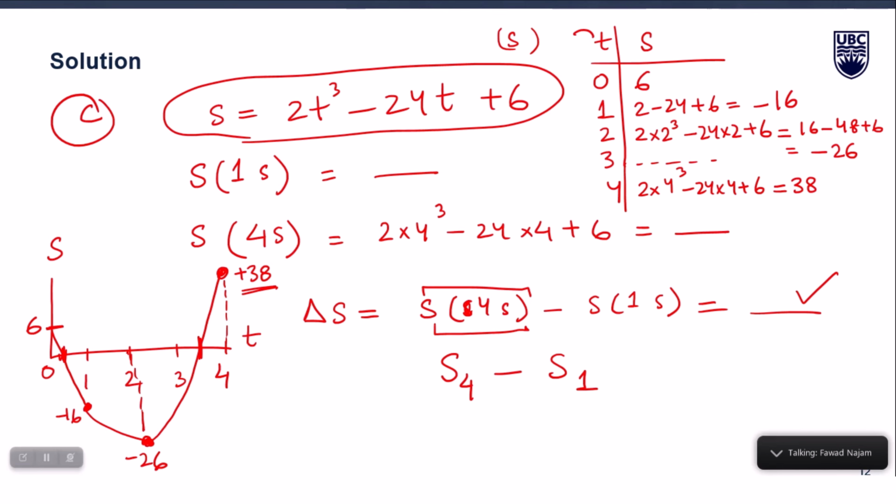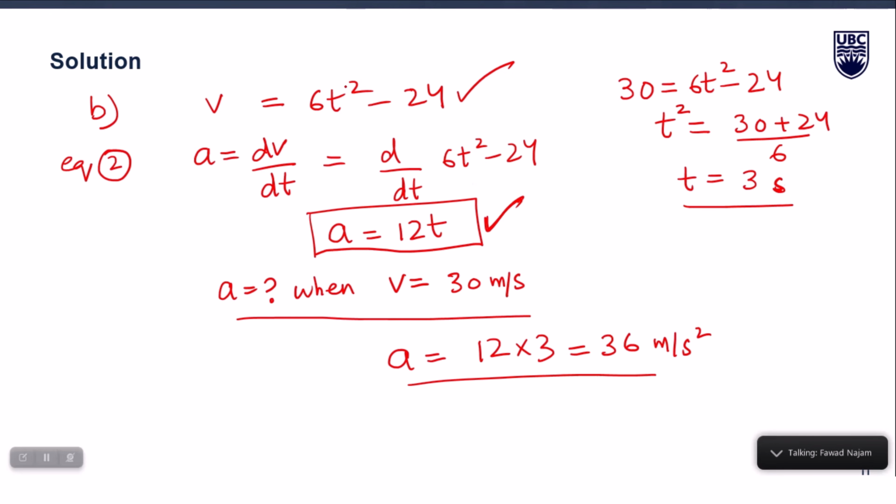Which means that the slope of s versus t at this point is 0, so you should have velocity equal to 0 at time t equal to 2 seconds, right? You can quickly confirm that from the second part by putting t equal to 2 seconds. So 6 into 2 square minus 24, that is equal to 0, right? So you can always confirm your graphical interpretation with your analytical solution.